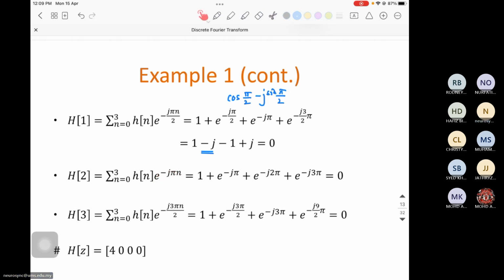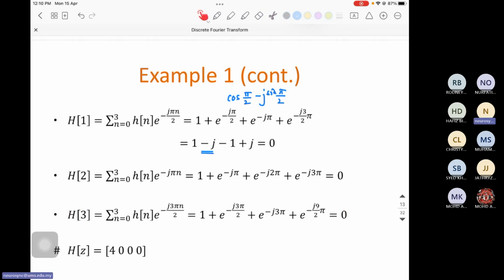Again, put values of n from 0 to 3. You will get this, and if you add up all this, you will get 0 here again. Similarly, for H of 3, if you calculate, you will get 0 here.